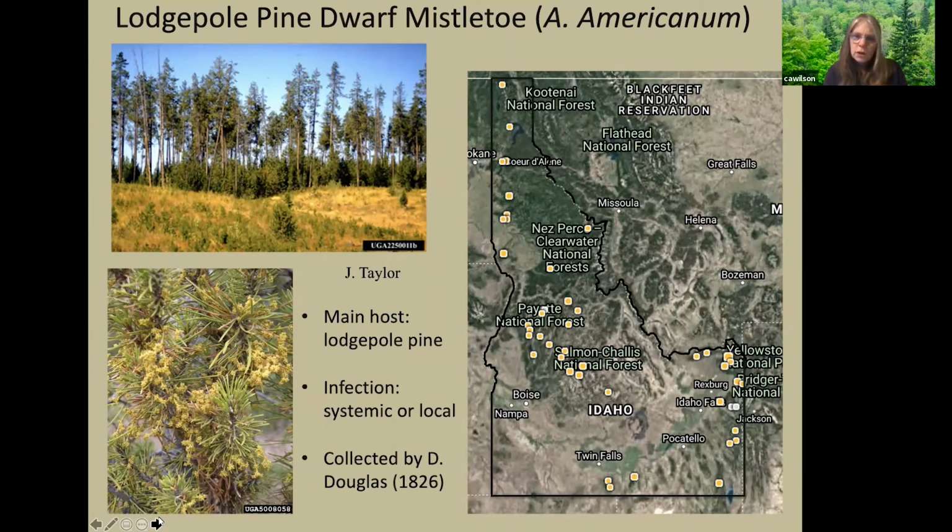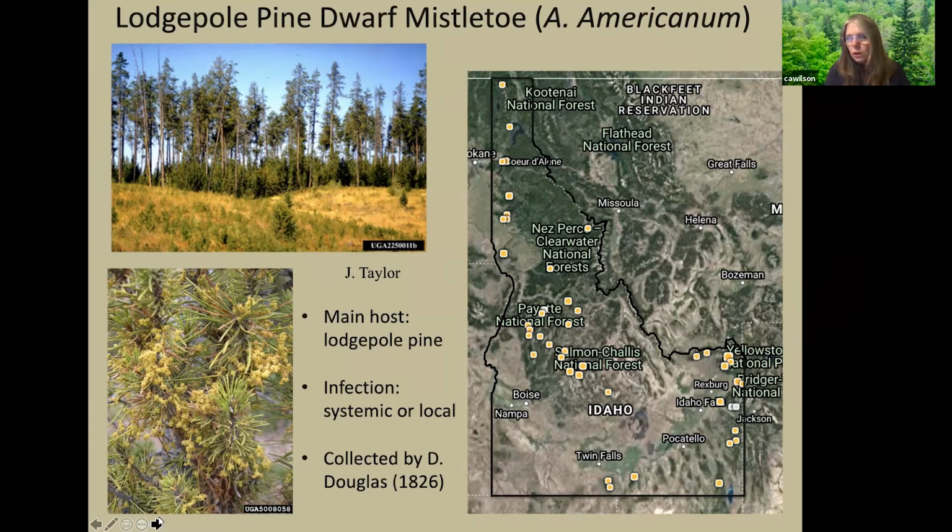But you also can have systemic infections. And in those infections, the actual cortical strand of the mistletoe becomes embedded in the shoot apex of the branch. And so then as the branch develops and grows, the mistletoe also develops and grows.